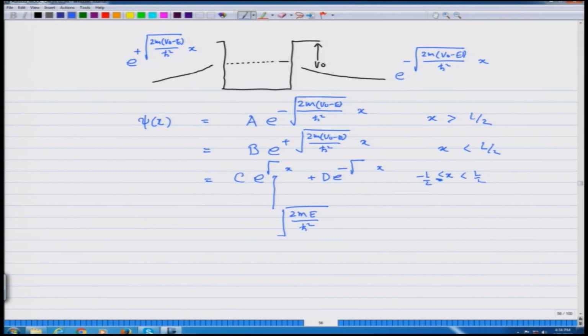Now, you may ask, let me ask the question, why is E less than 0 not possible for a bound state?